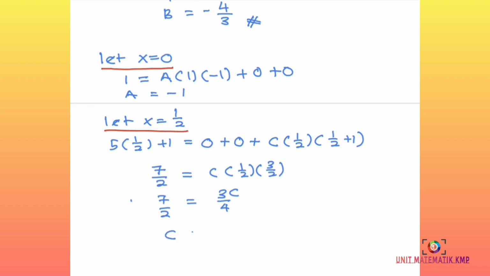So what is c? c is equal to 4 over 3 times 7 over 2, so we can simplify: c is 14 over 3. So we already have the values of a, b and c. Don't forget to substitute back the values of a, b and c into the partial fraction.